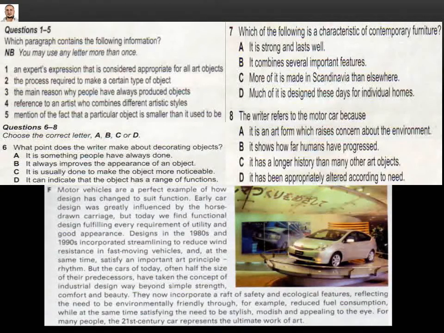Okay. Motor vehicles are a perfect example of how design has changed to suit function. Early car design was greatly influenced by the horse-drawn carriage, but today we find functional design fulfilling every requirement of utility and good appearance.